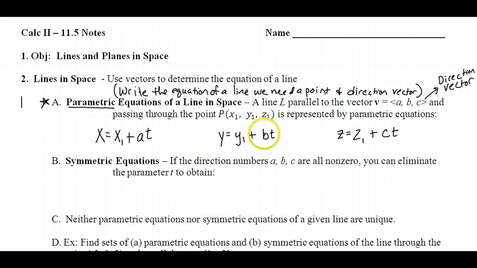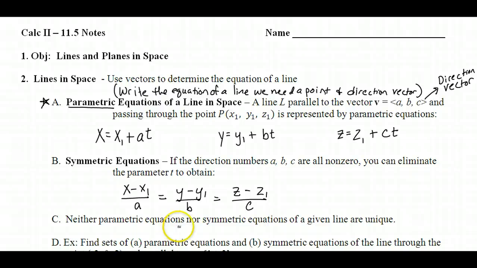As long as you have t in each of them, we're solving for t. So x minus x sub 1 divided by a is equal to t. Then y minus y sub 1 divided by b equals t, and this is equal to z minus z sub 1 divided by c, because that's equal to t. So it's eliminating the parameter t, and now here is our symmetric equation.